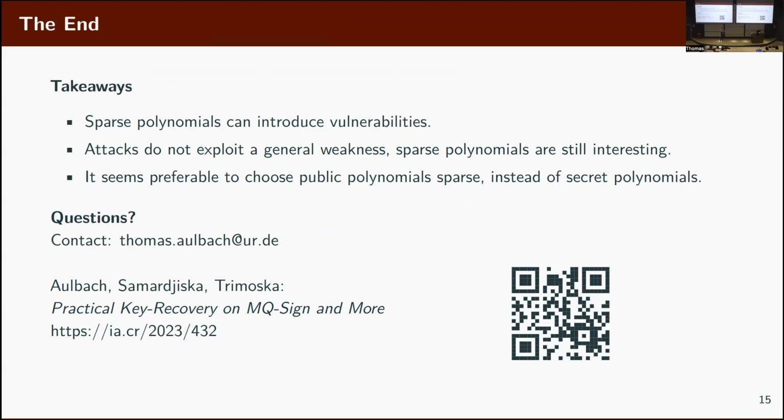So I think the usage of sparse polynomials is still interesting if you can reduce the key size by this. And for me, it seems preferable to make the public polynomials sparse instead of the secret ones, as they can really give away some structure. Okay, that's it for my talk. Thanks for listening, and I'm happy to take your questions.